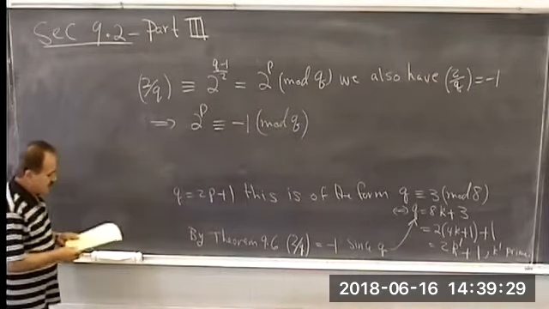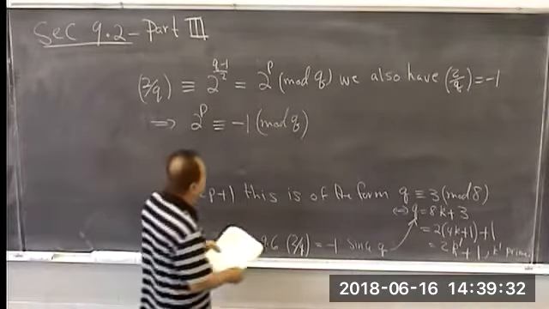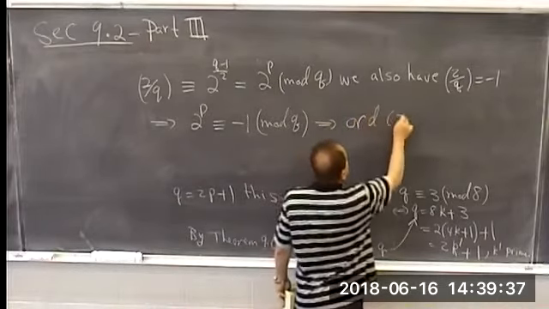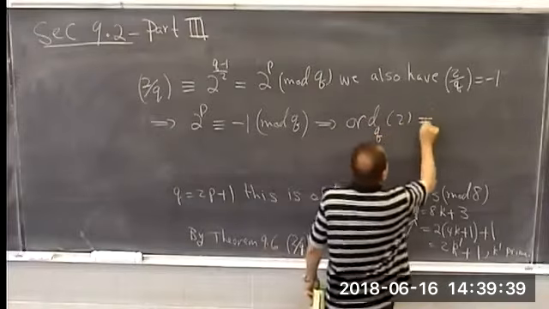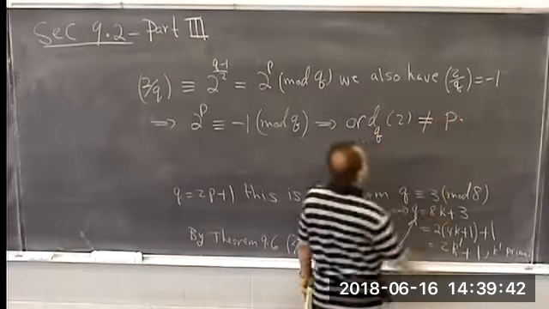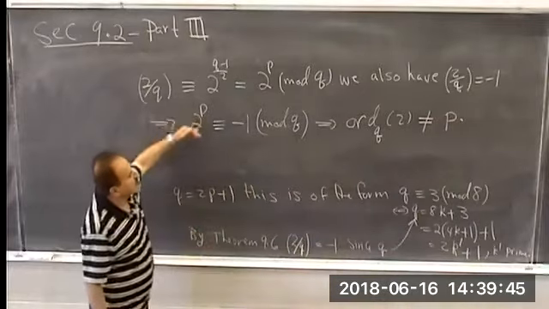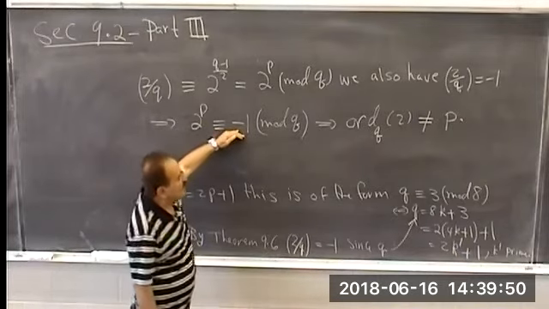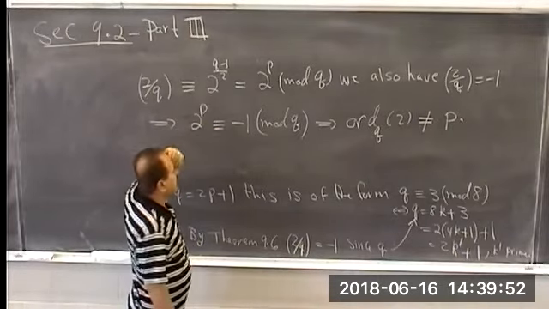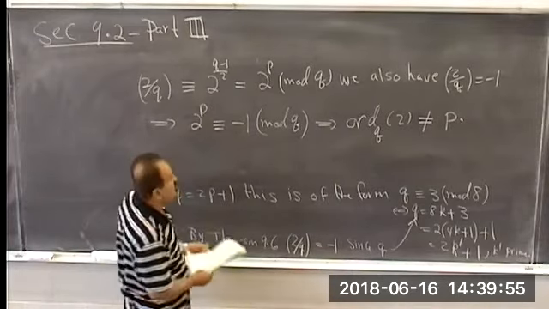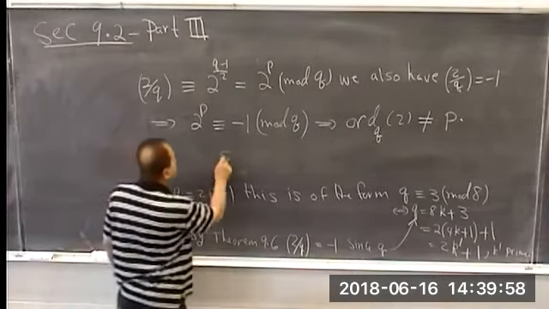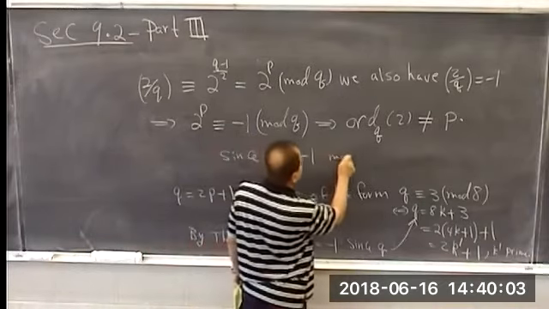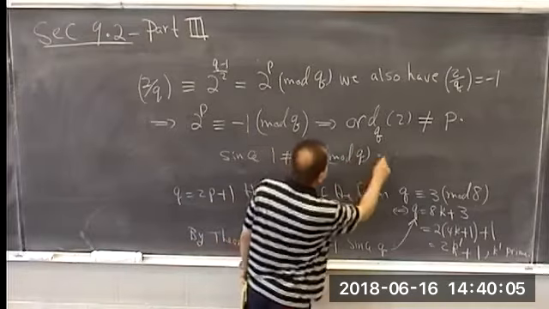And this in itself implies that the order of 2 mod q cannot be equal to p. Because when we raise it to the p exponent, we're going to come up with -1, so we're not going to come up with 1. We cannot have this to be congruent to both -1 and 1, since 1 is not congruent to -1 mod q. You cannot have both of these.